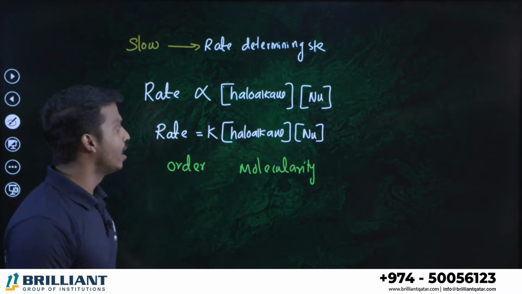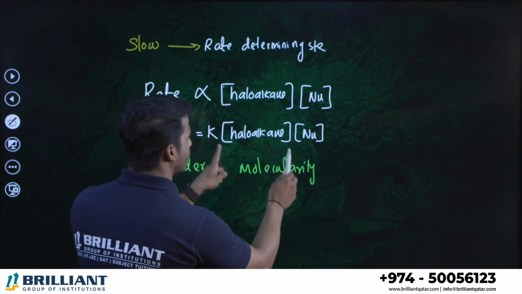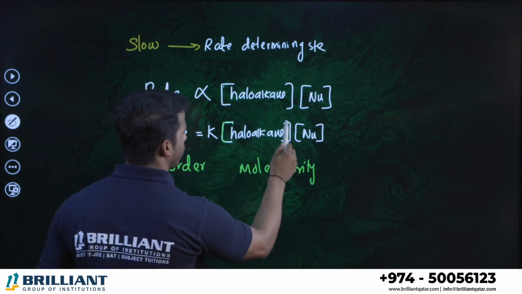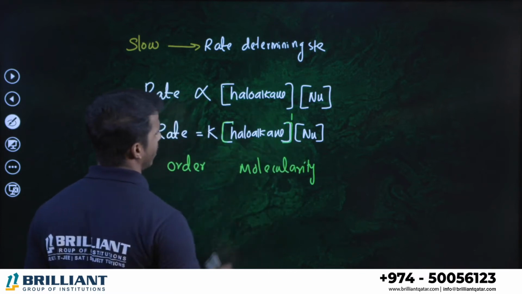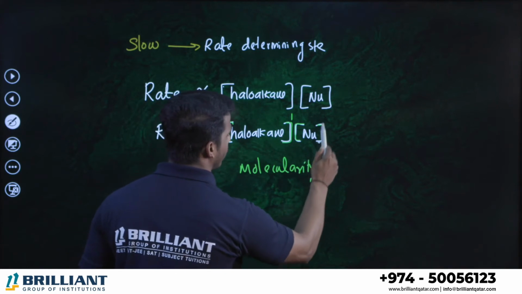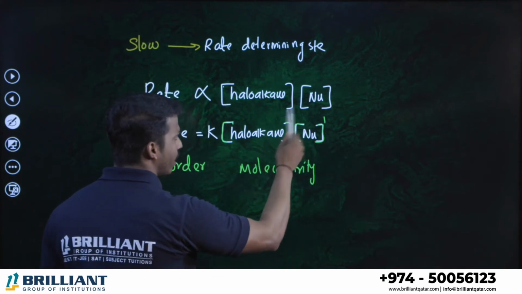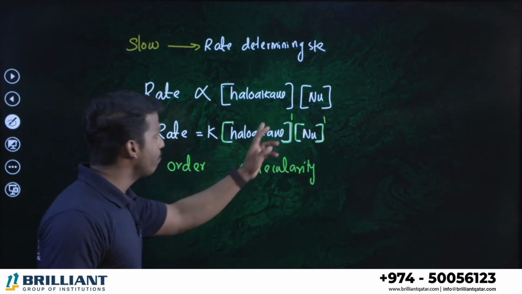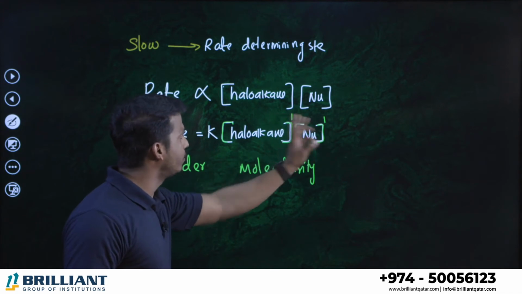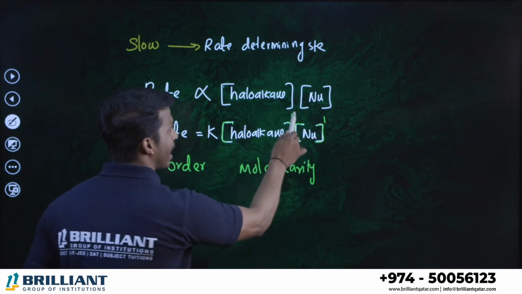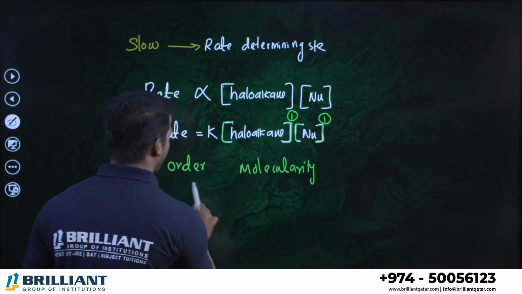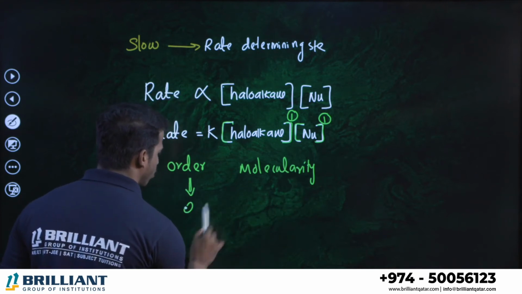This is one concentration term. What is the power? 1. This is another concentration term. What is the power? 1. The sum of the powers of the concentration terms: 1 plus 1 is equal to 2. So order is equal to 2.